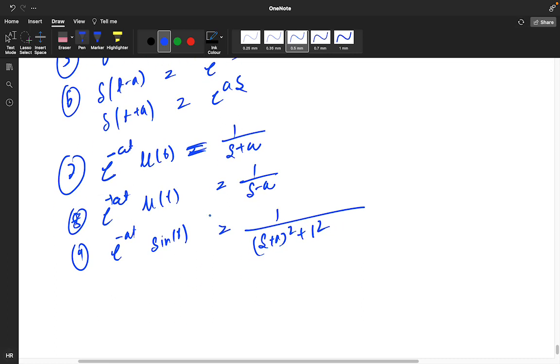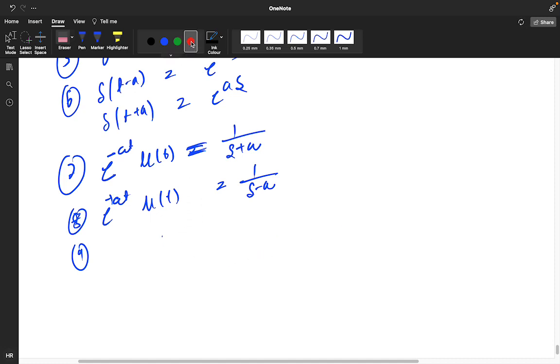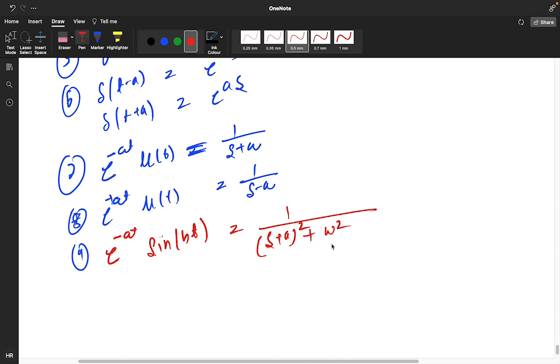Or suppose it is at. e to the power minus at sin bt. So 1 by s plus a the whole square plus omega the whole square.